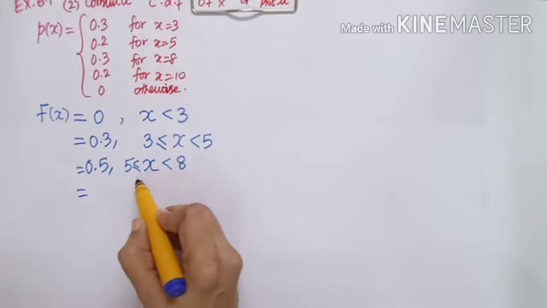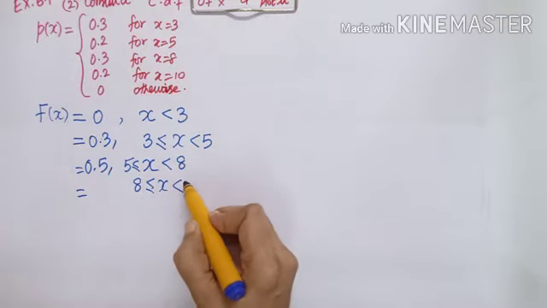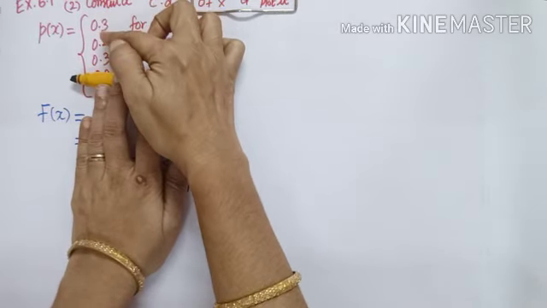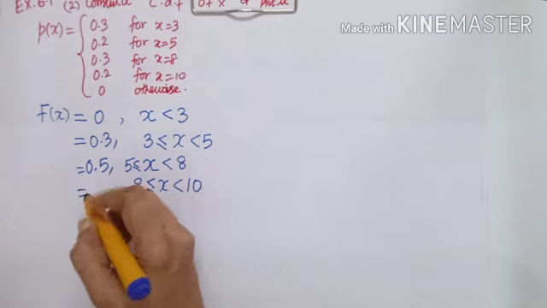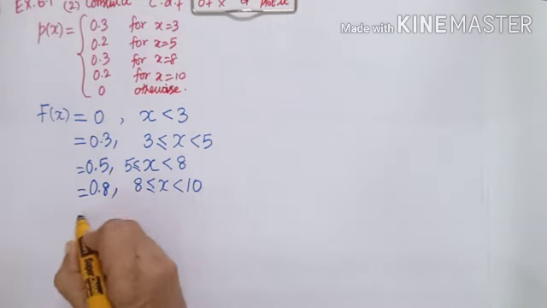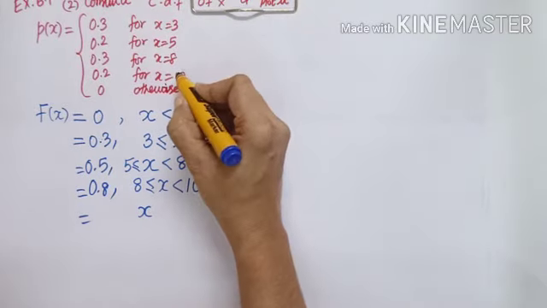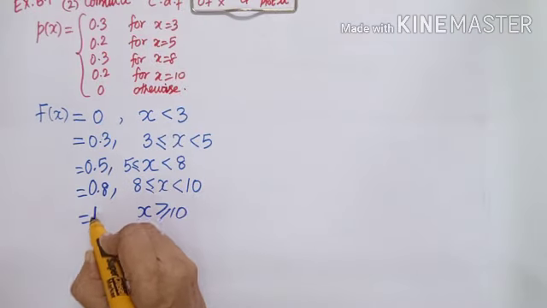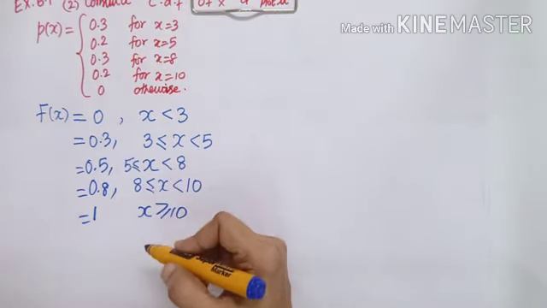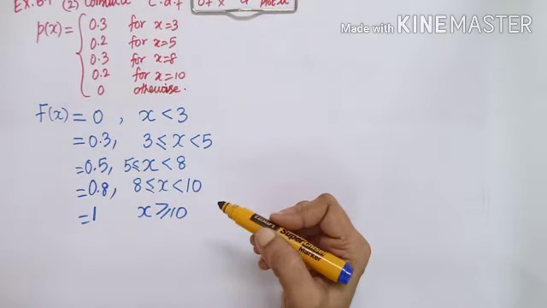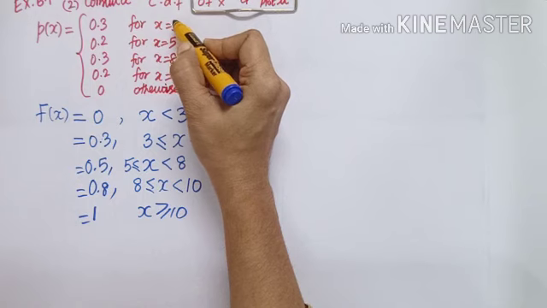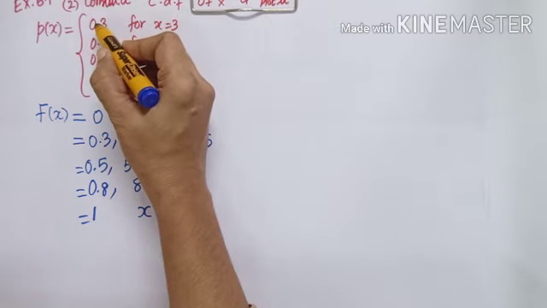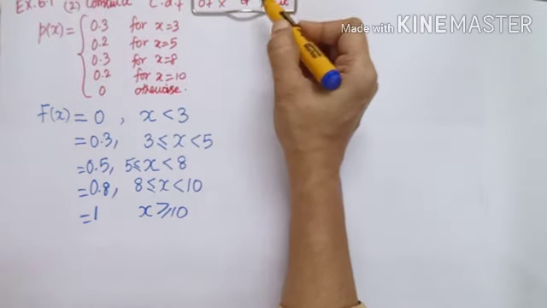When x is equal to 8 or below 10, if it is below 10, add all the 3. 0.3, 0.2, 0.3. If I add, 0.8, and if it is 10 or above, my answer is adding all the 4, so it is 1. So writing this we call CDF of X. Let us see once again. Below 3, my answer is 0. Below 5, it is 0.3, but you cannot be writing fully below 5 because we want to plot it.